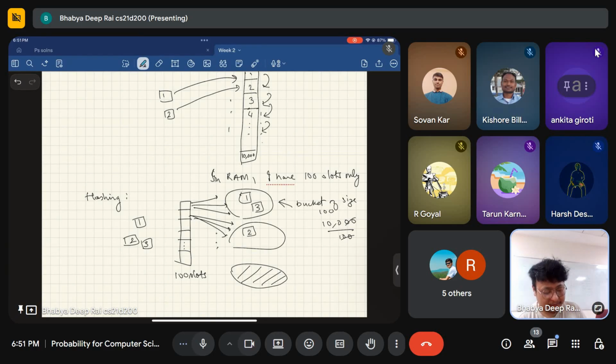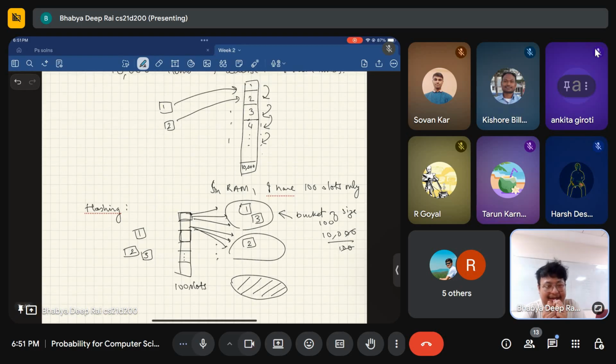If two items fall into the same bucket, that is what is called a collision, and that is where I'll pay the price. As long as they fall in two different buckets, I'm fine. So you get this concept of balancing out. I want these entries to be in as different buckets as possible. That is where this concept of hashing comes in.